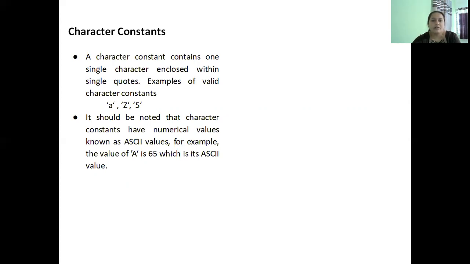As per ASCII convention, the value of capital A is 65. Like this, for all letters and numbers which are allowed to be character constants, there is an equivalent ASCII decimal value. As soon as A is typed on the keyboard, the number 65, which is the ASCII value, will be converted into equivalent binary and fed to the computer.